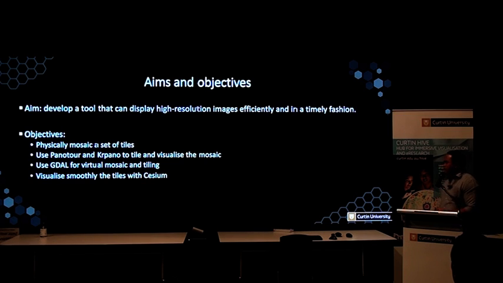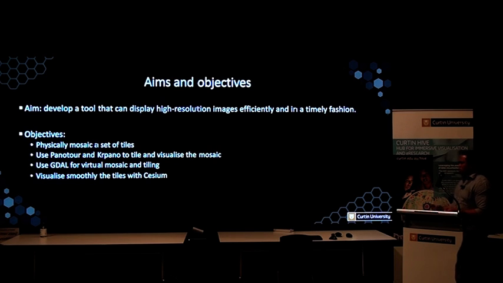So the primary aim of this project is to develop a tool that can display high-resolution images efficiently and in a timely fashion. So the objectives are first to automate the physical mosaic of those tiles, then use display software such as Pano2 and KRPano to visualize those images in a flat view display on the web browser.